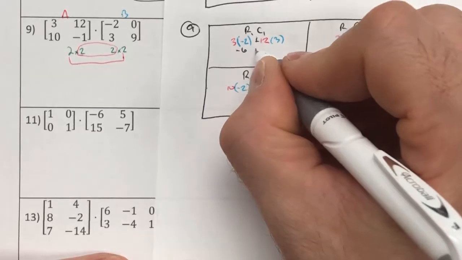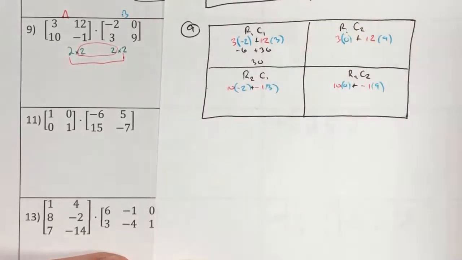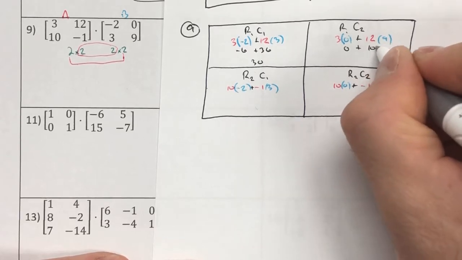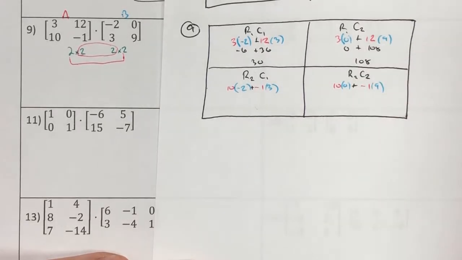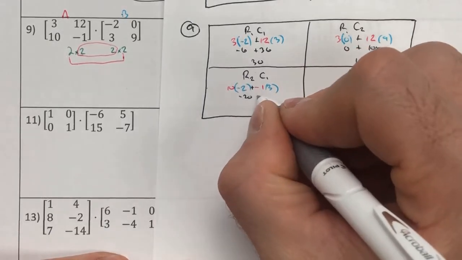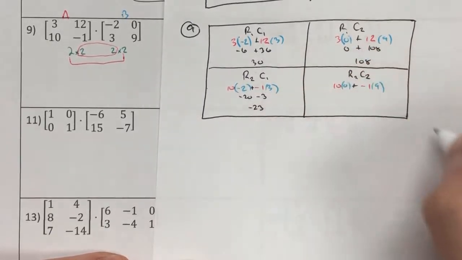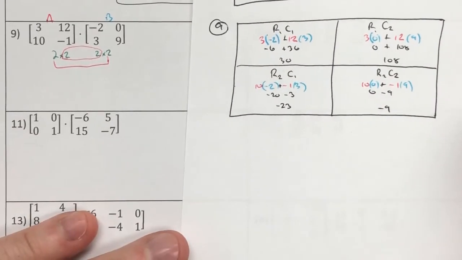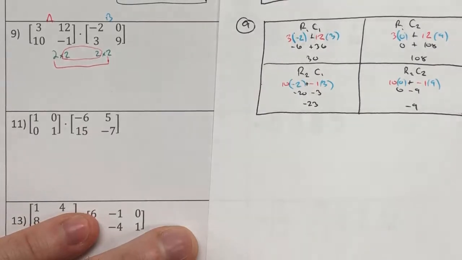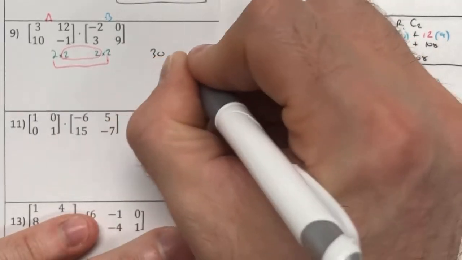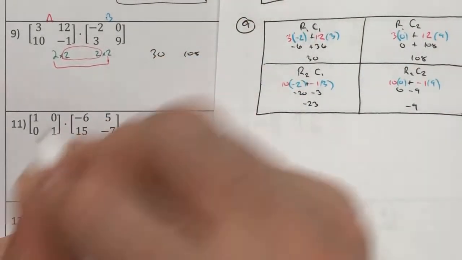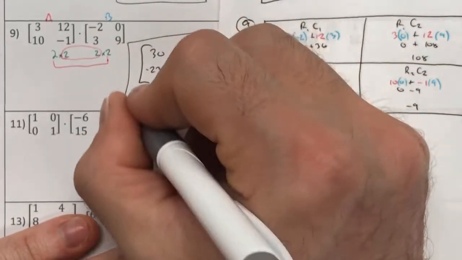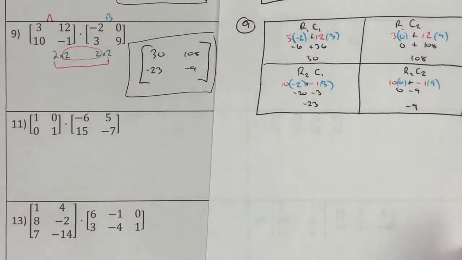So -6 plus 36 is 30. 0 plus, let's see, that's 90 plus 18 is 108. -20 minus 3 is -23. 0 minus 9 is -9. So now my answer for number 9 is going to be 30, 108, -23, -9. Boom. There we go.